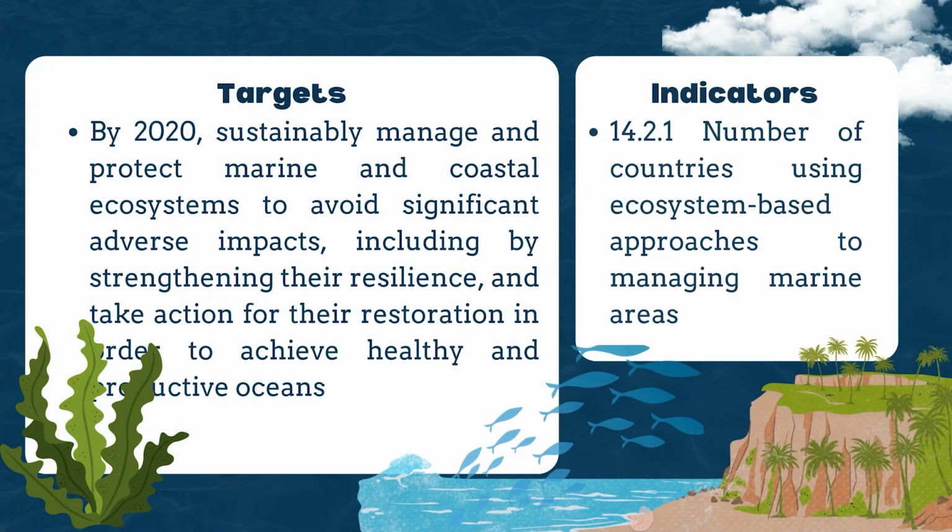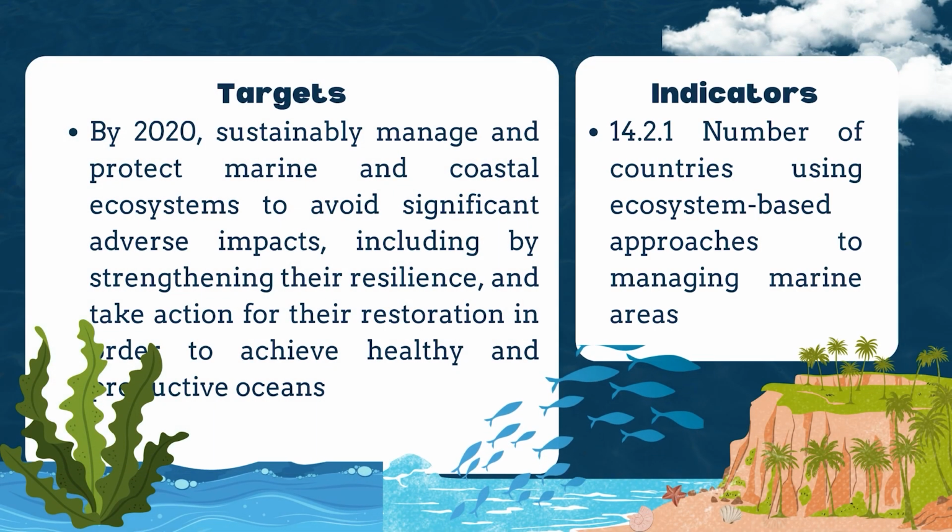The second target is to sustainably manage and protect marine and coastal ecosystems to avoid significant adverse impacts. That needs sustainable management and protection of marine and coastal ecosystems, strengthening their resilience, and taking action for restoration in order to achieve a healthy and productive ocean.